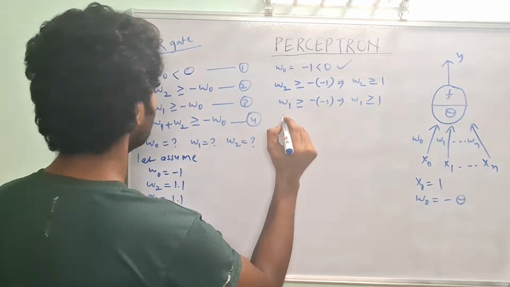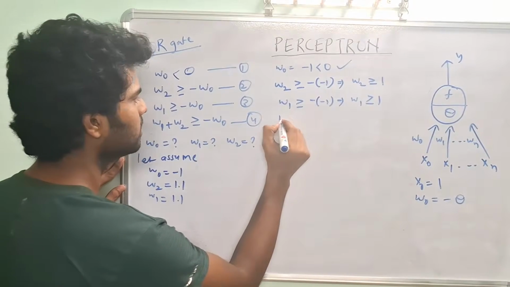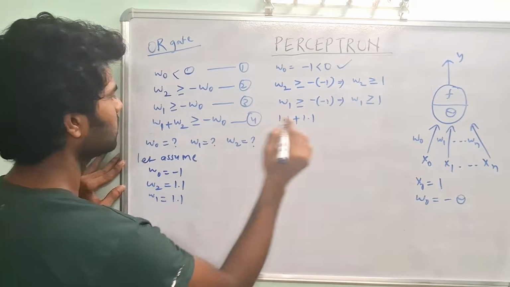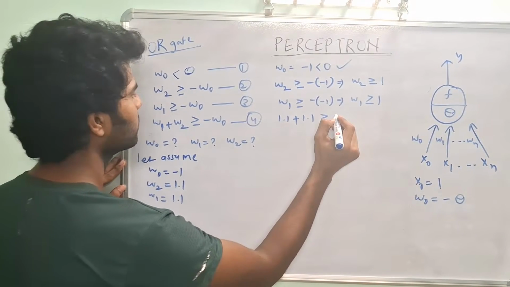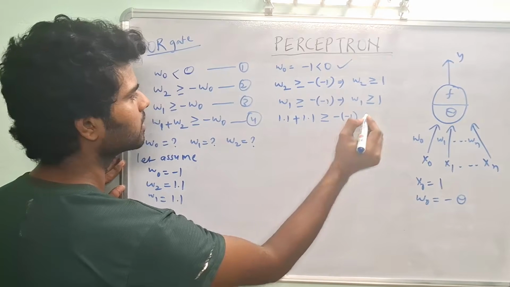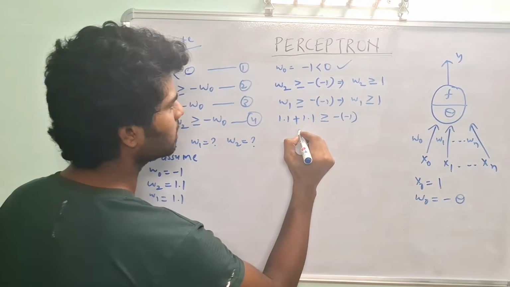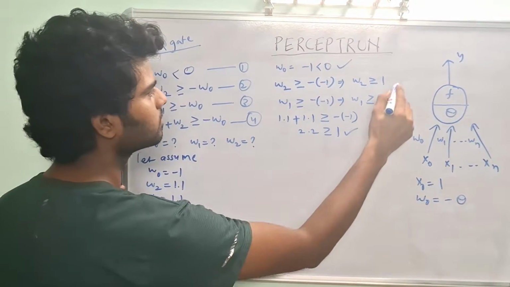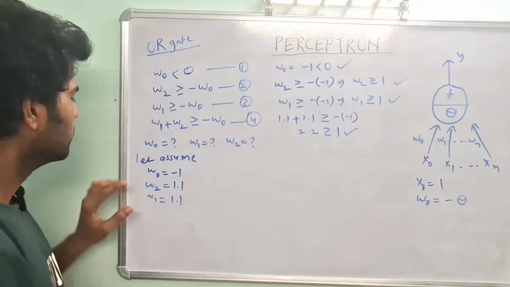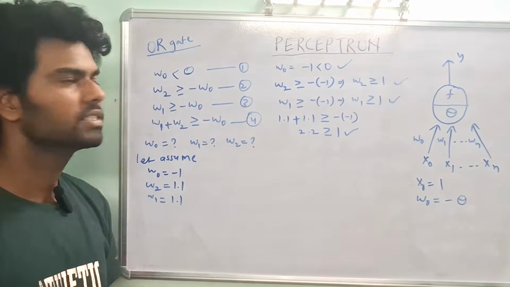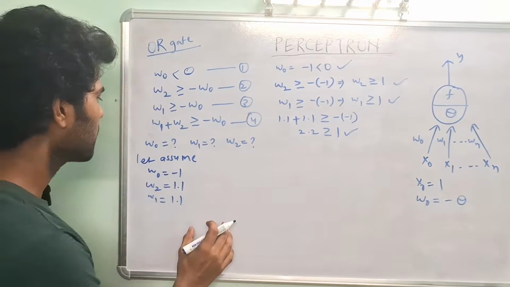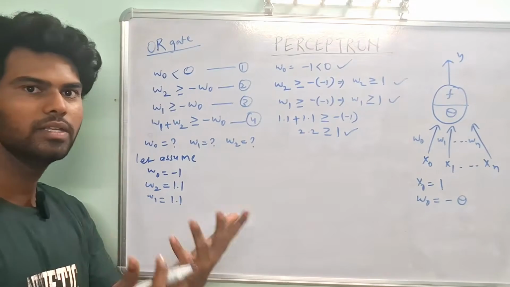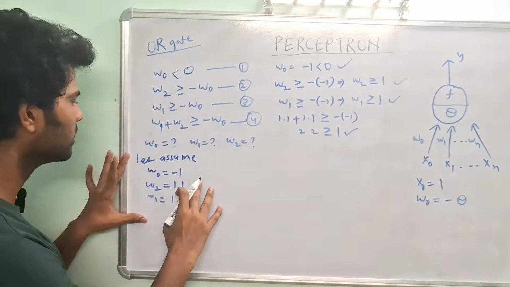In the fourth equation, w1 1.1 plus w2 1.1 is greater than or equal to -(-1). This is 2.2 ≥ 1. So satisfied. So by using these three weights all four equations are satisfied. So this is only one possible solution. Many solutions exist, but this is one possible solution.